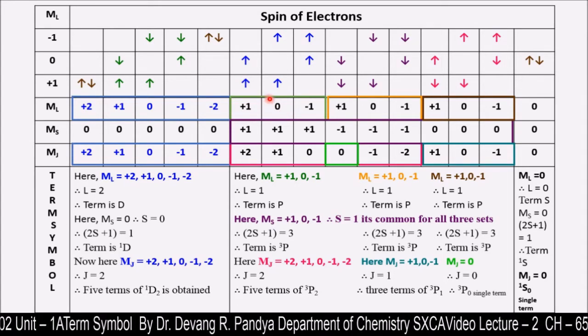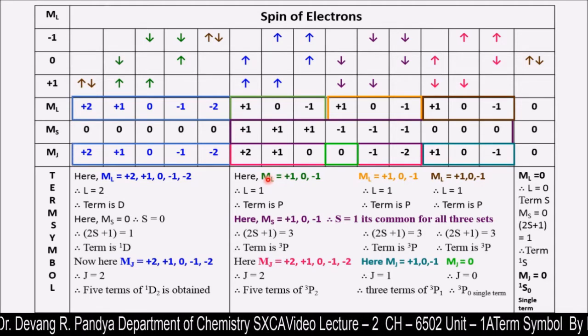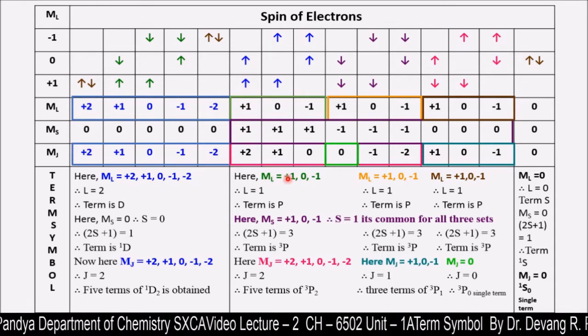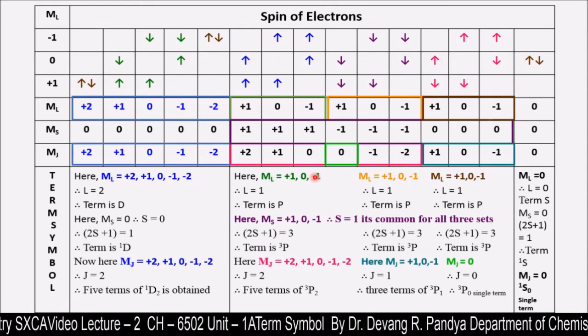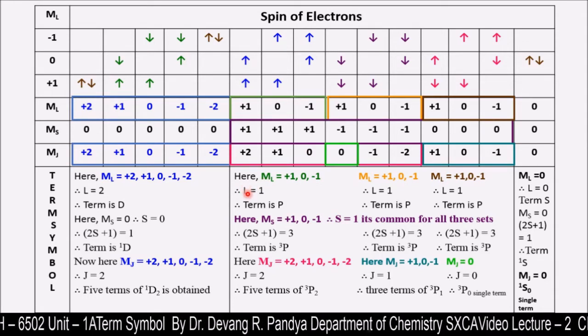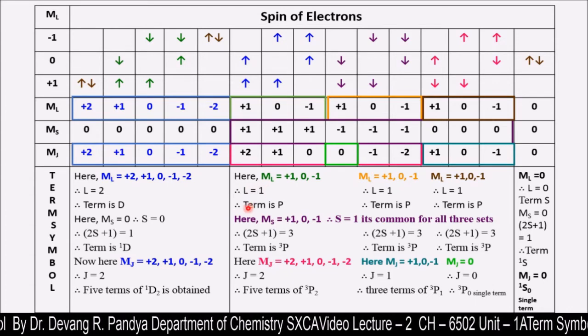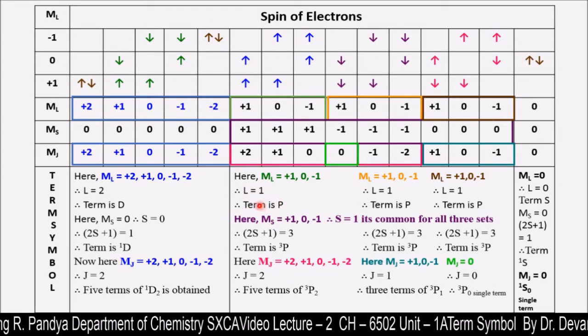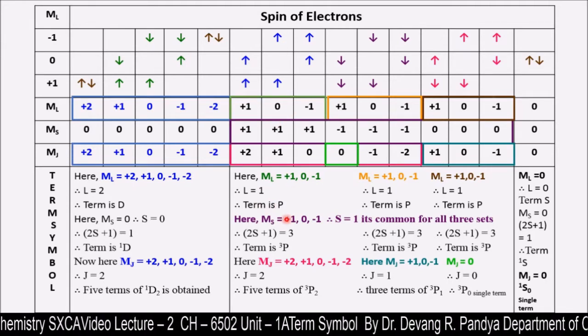I have used the green box, so the green color write-up is over here for m subscript L value +1, 0 and -1, and therefore the resultant orbital angular momentum quantum number L is going to be 1. For L equal to 1, we have symbol P, so term symbol P is assigned to these 3 microstates.